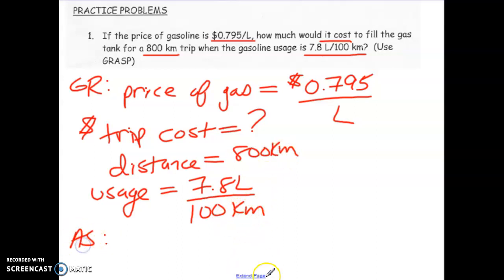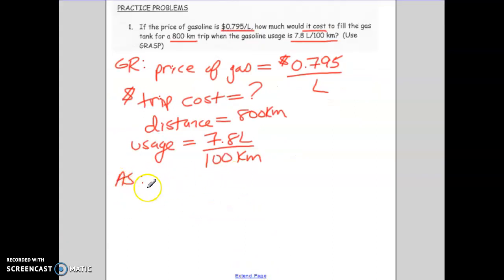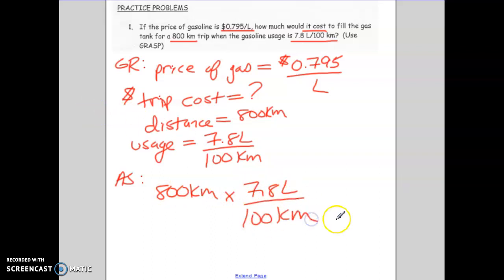So we're going to analyze and solve here. Again, there's no formula. Let's take a look at our distance times our usage. What's happening is kilometers ends up canceling, and we're left with units of liters.